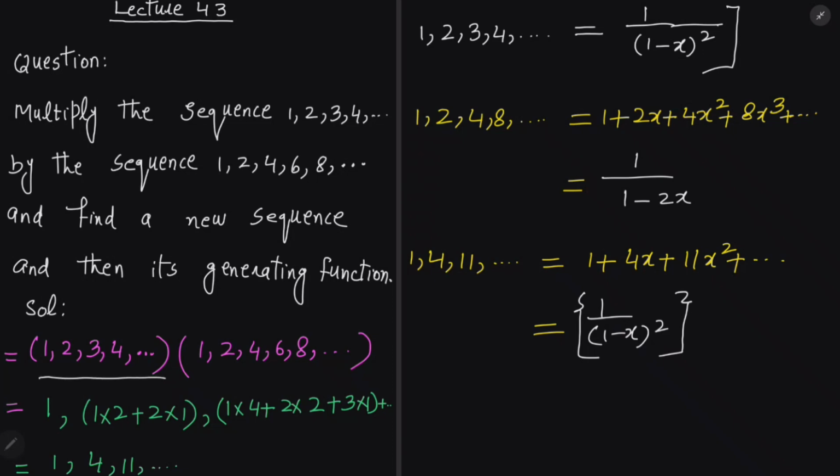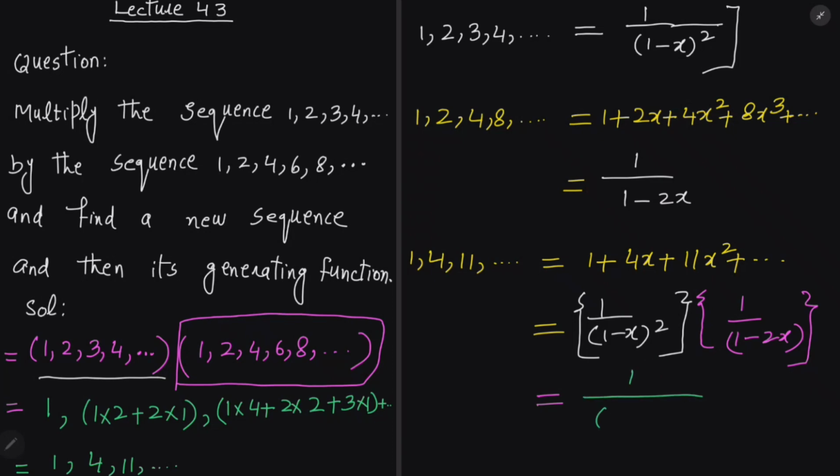And similarly, for the second sequence, we have a generating function of 1 over 1 minus 2x. So what we do is multiply these together and get the answer. So we have 1 over (1 minus x) squared times (1 minus 2x), which is the answer.